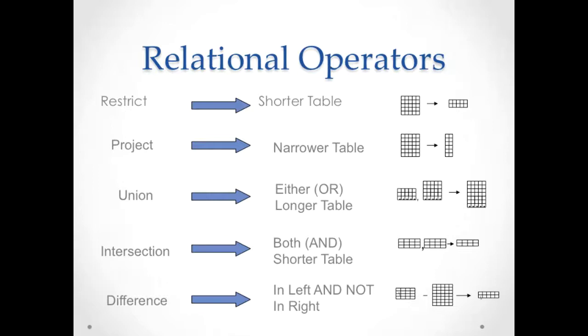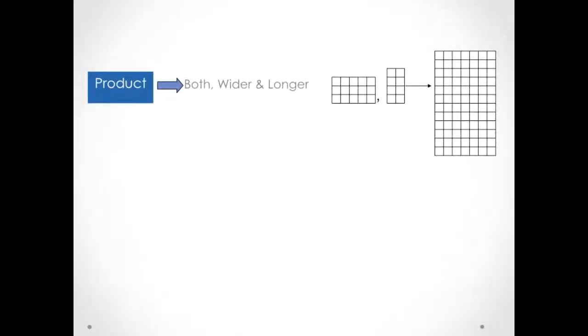So that gives you a shorter table. And then the last operation is the product, and that's when you get wider and longer tables.